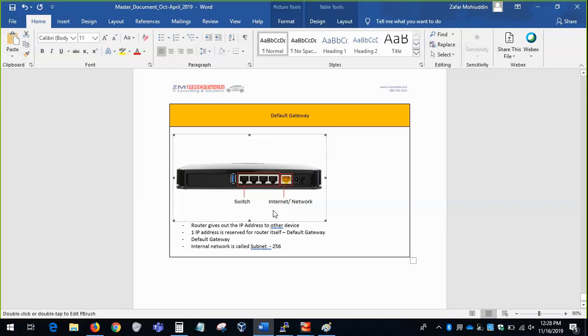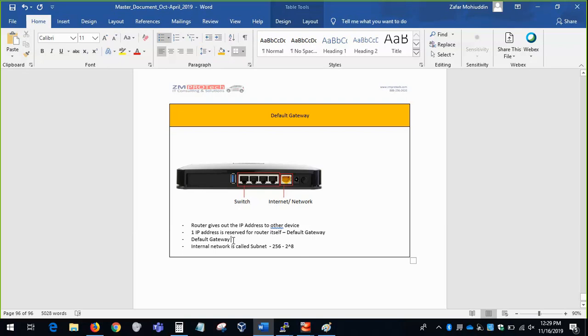Why 256? Because it's 2 to the power of 8. So that router should have 256 ports also to support. Exactly. One is reserved for itself. So including the router itself, it is 256.